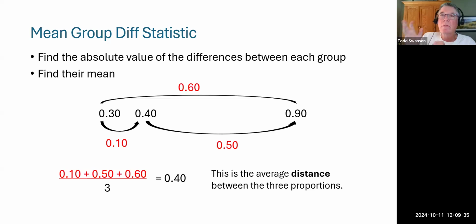And also, we would have talked about this when we were comparing multiple proportions: what would my proportions be if my mean group diff statistic was 0? What kind of proportions would I have that would get a mean group diff statistic of 0?